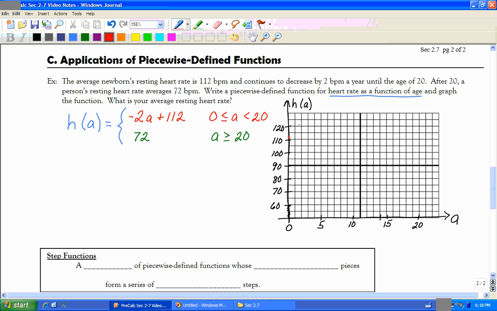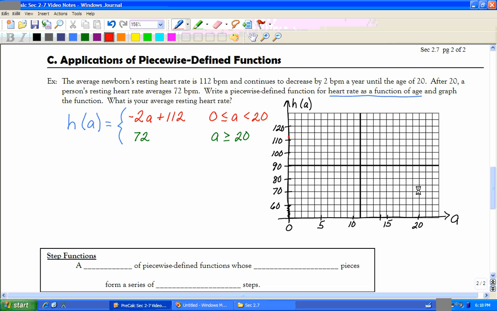Okay, and then substitute in 20. So negative 2 times 20 is negative 40, plus 112 is going to give us 72. So if we go over here to 20 and then go up to 72, which is approximately here, we are going to connect those together.